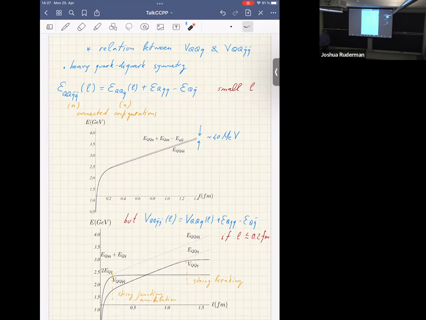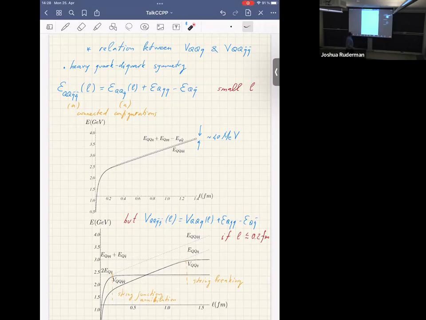But now what we learn is that this picture is wrong, because for this one has to take into account string breaking, but for the second, string junction annihilation. If one does it, this one goes like that. It's already at 0.2 Fermi, but for the baryon it goes like this.